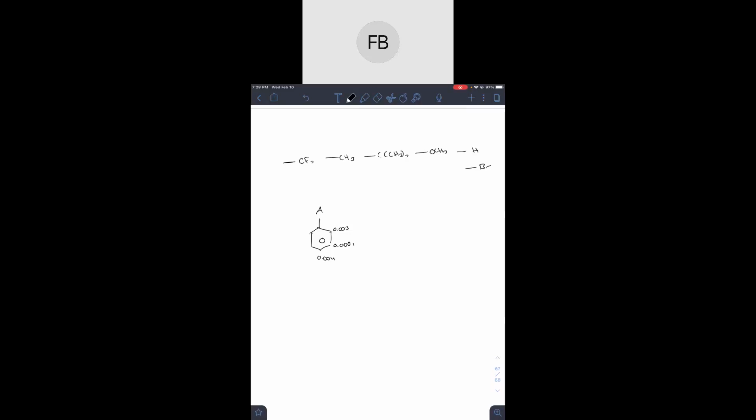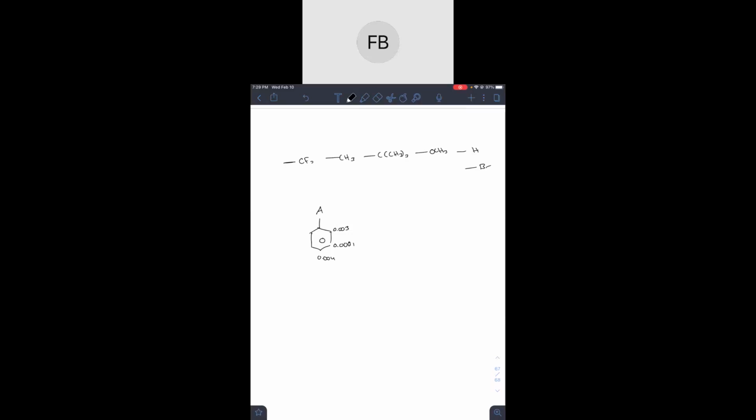This is actually the easiest one that you'll see, and it should be so easy for you to recognize. It's not very activating because all these numbers are extremely small. Some of the others will have like 70 in one position. So having 0.004, 0.003, that's really, really low.